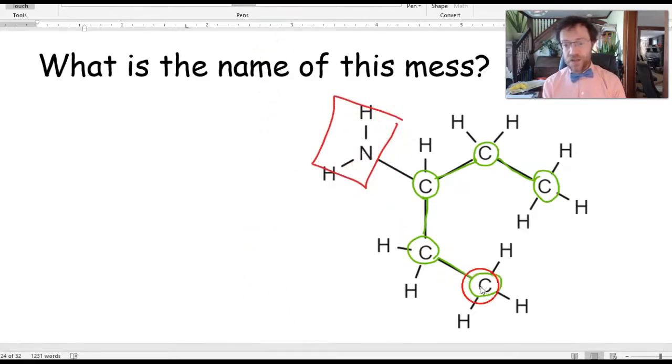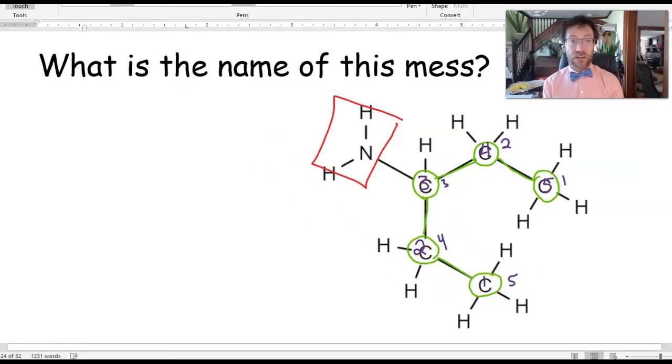This is my amine group. So I'm going to start counting from this side and number this 1, 2, 3, 4, 5. Okay, so that gives this number 3, and I'm going to number this way. 1, 2, 3, 4, 5. Looks like it doesn't matter at all which direction I start naming.